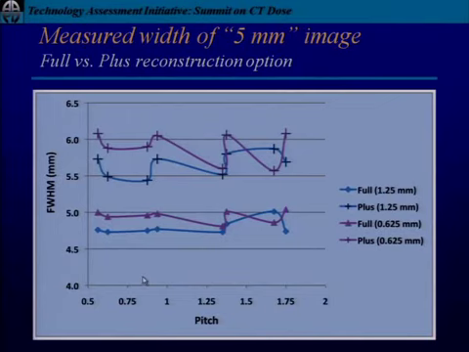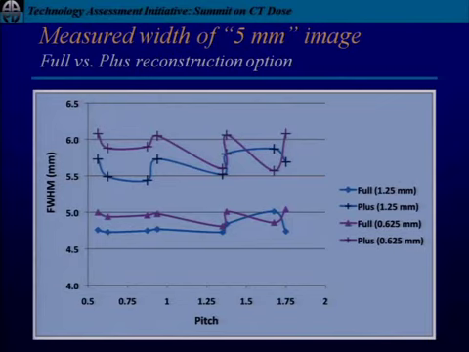Also with pitch, due to the complex interaction of the sampling and the multi-slice helical and such, it's not necessarily consistent. You go up in pitch just a tiny bit as you change from half the detector to all the detector. The point is not necessarily about this scanner or this example, but there are behaviors that are complex and built into the systems that you really have to take a lot of measurements because they're not necessarily transparent.